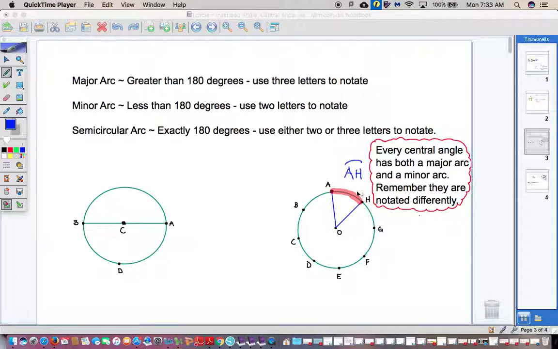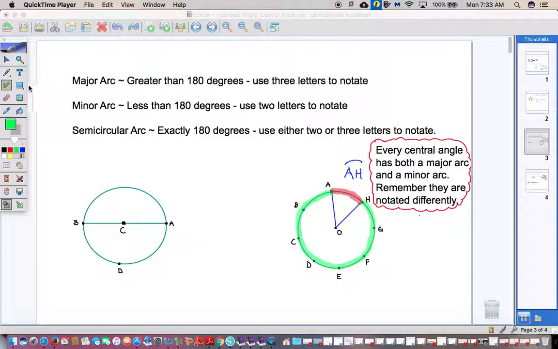Now, if we wanted to know what the major arc is that's associated with this, we're going to start at A and we're going to go all the way around the circle until we get to H. Without having a different notation, you're not going to know what arc you're looking for. In this particular case, we're looking for the major arc.